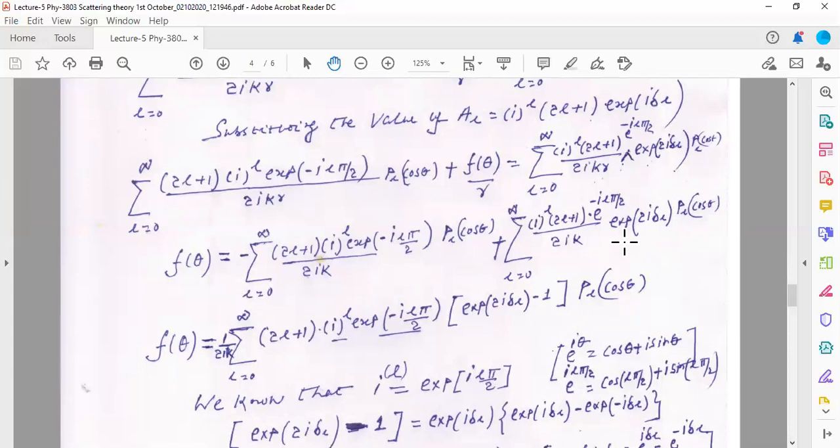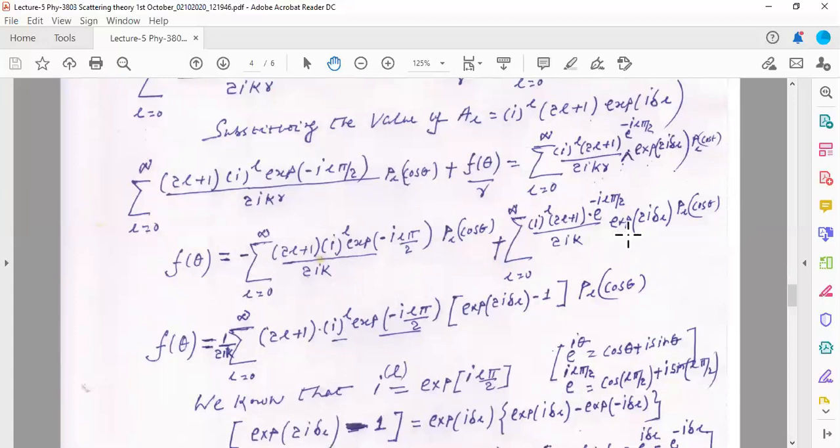Now we can simplify this term. Once you understand this step, you see there are certain common factors. 1 upon 2ik I can take common, and there is a minus sign and a plus sign. You can take (2l+1) i to the power of l and exponential of minus i l pi by 2 common in each term, so I can combine these two terms together.